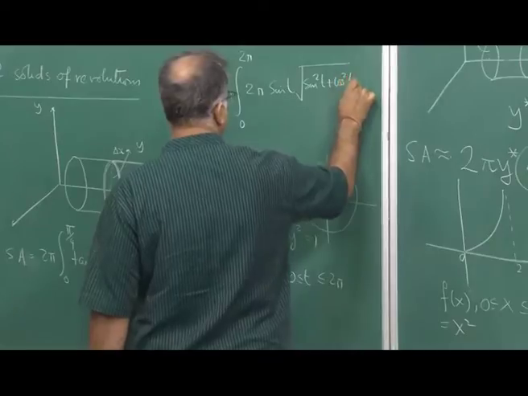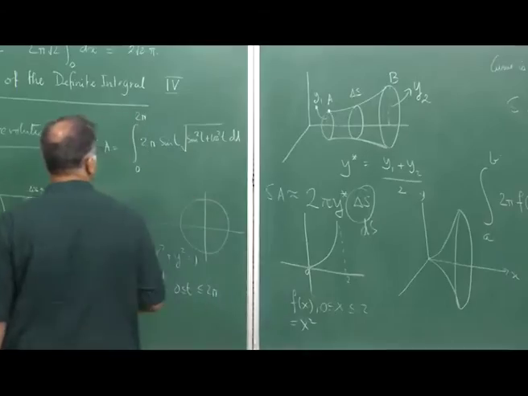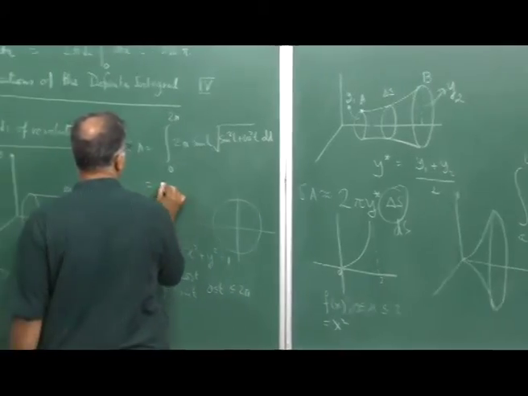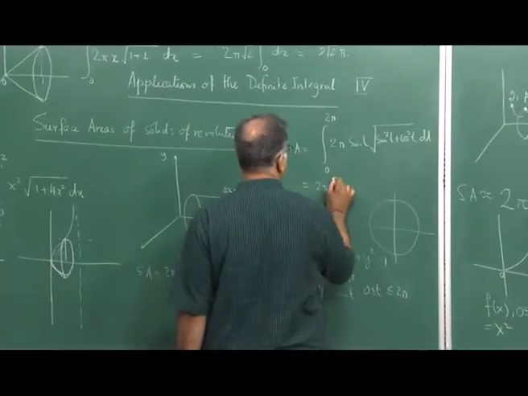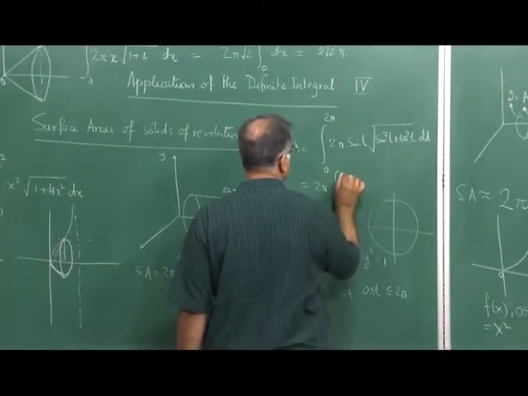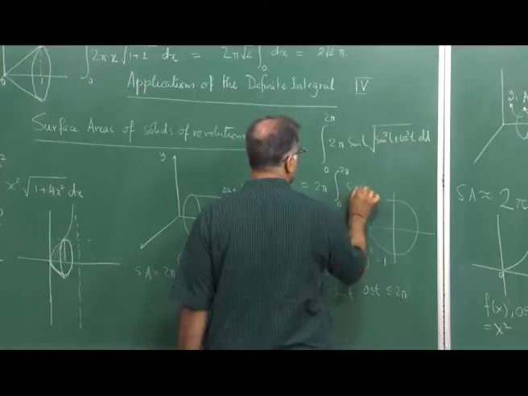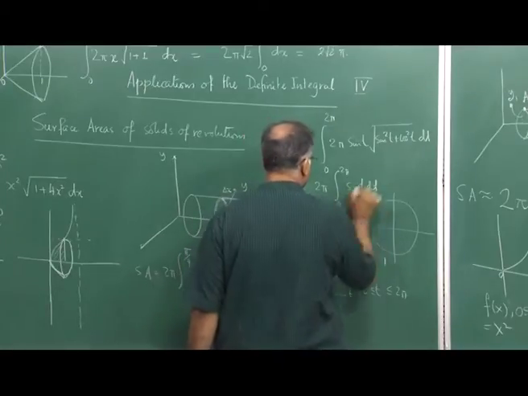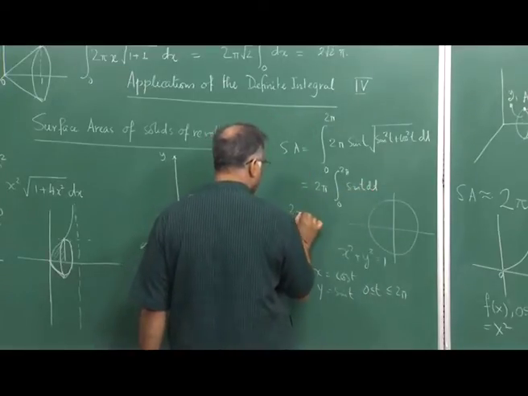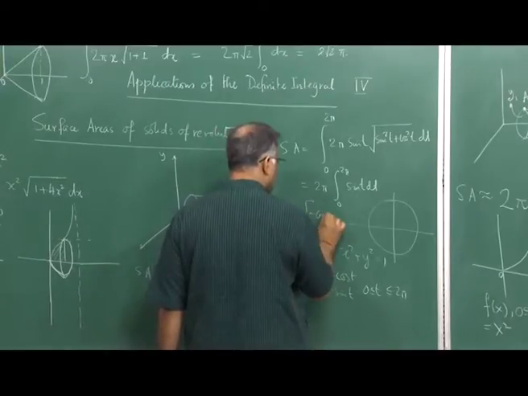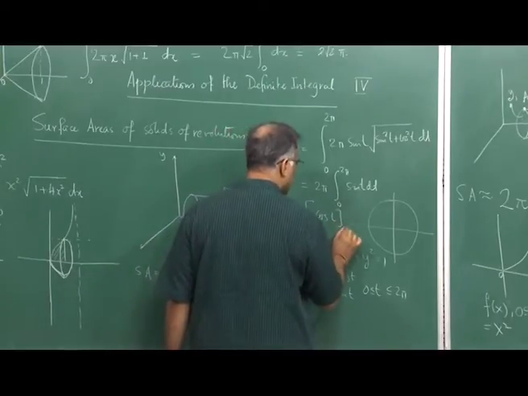So, what you have is 2 pi integral 0 to 2 pi sin t dt. So, it is 2 pi times minus cos t from 0 to 2 pi.